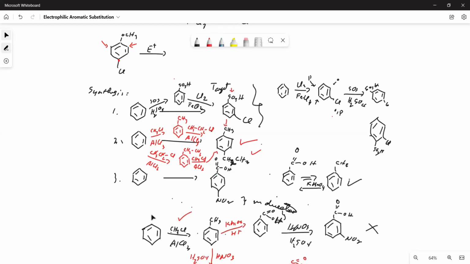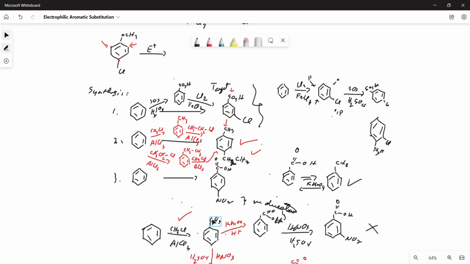Now, since benzoic acid comes from methyl, and since methyl can be attached directly, then you have to use this reaction here because you can do Friedel-Crafts methylation reaction. So in the presence of aluminum chloride, you have toluene.